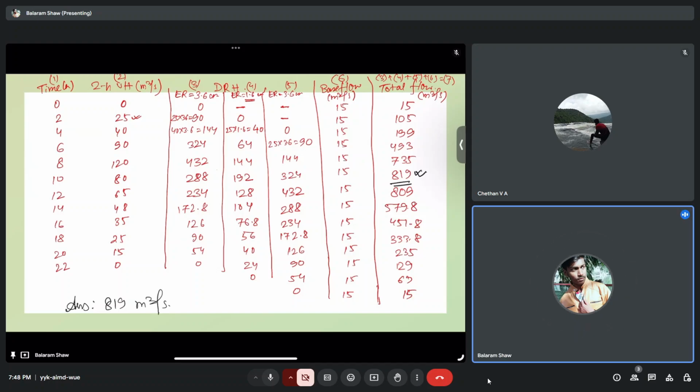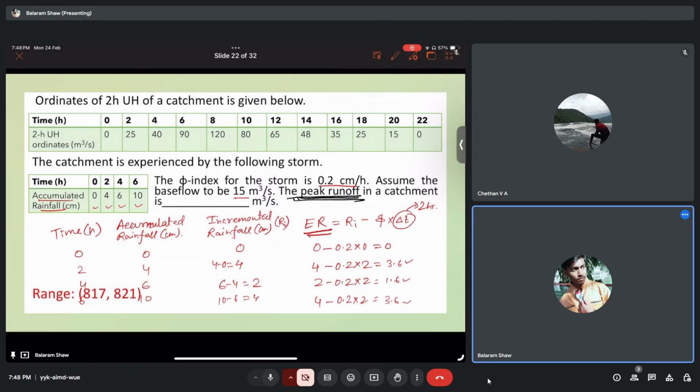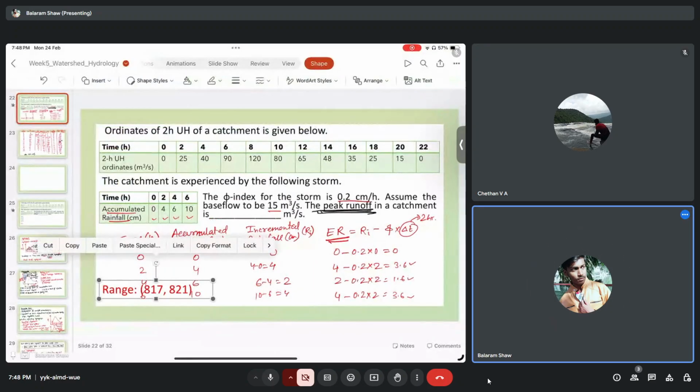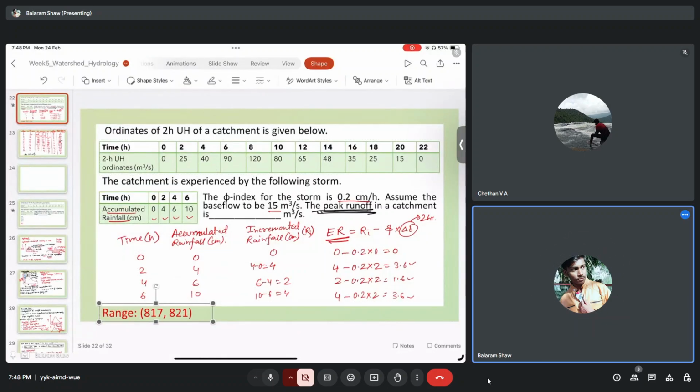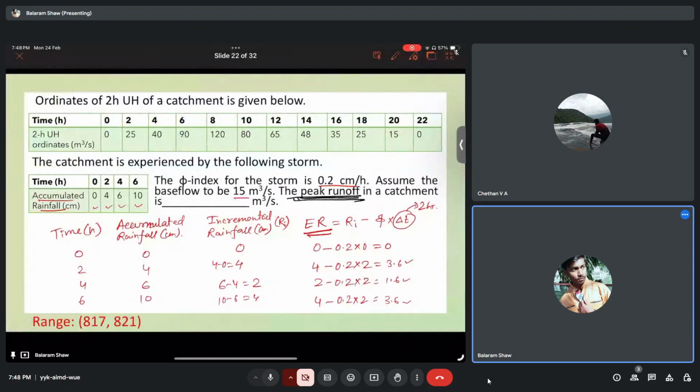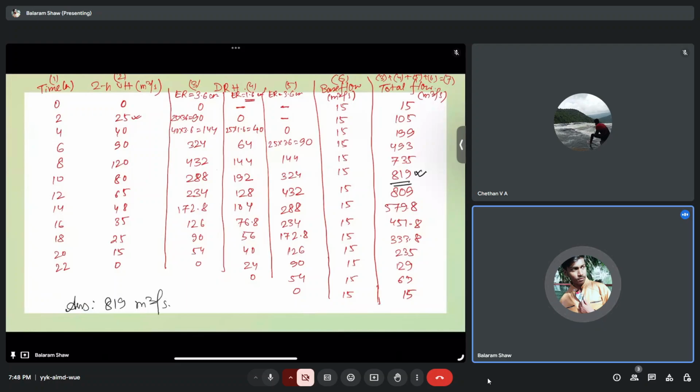The range is given as 817 to 821, so it is fine.